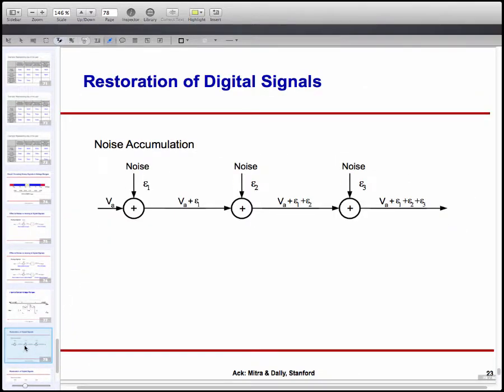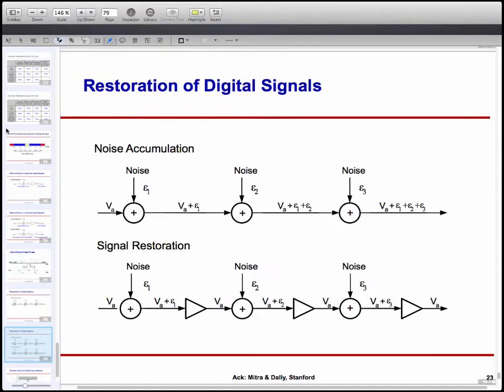This property is called restoration of digital signal. In an analog system, as noise gets added, it accumulates. So every time noise gets added, by the time I see the output, I'm seeing a larger and larger noise. In the digital system, on the other hand, this little symbol is a type of digital system, and even though the input had some noise, the output is still the clean signal.